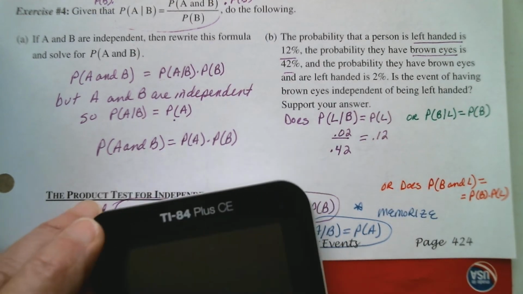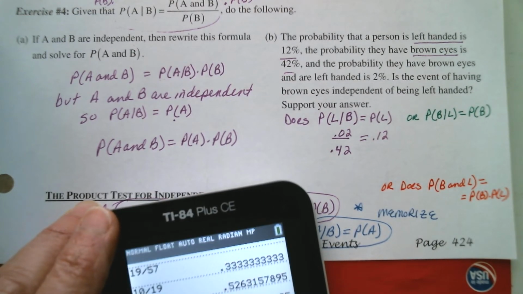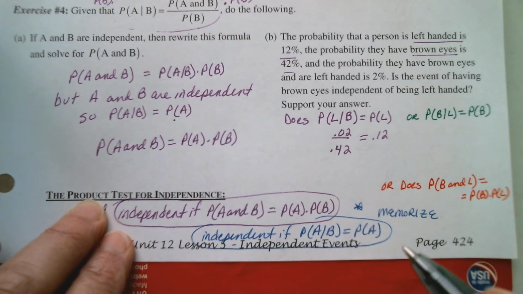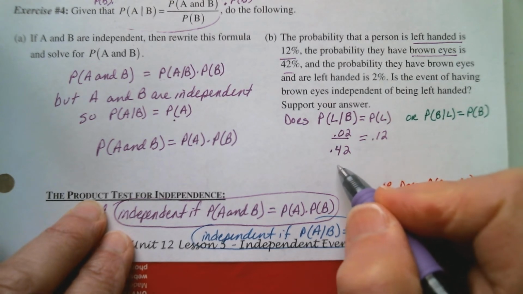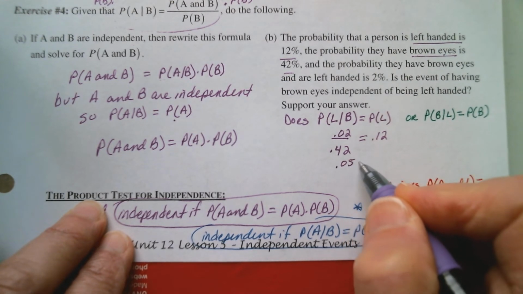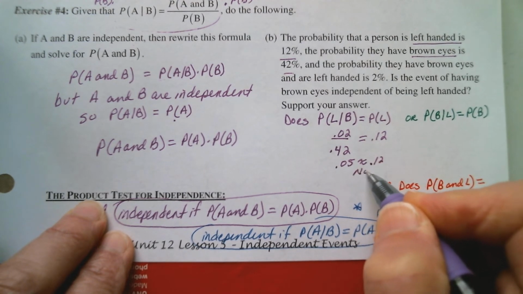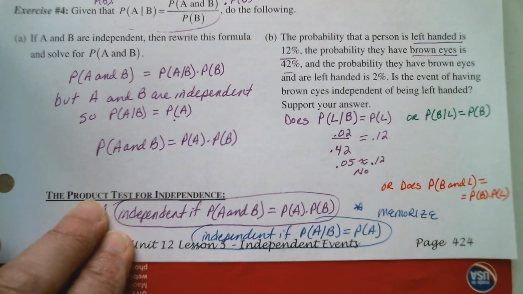So 0.02 divided by 0.42 is approximately 0.05. Does that equal 0.12? No. So these are not independent.